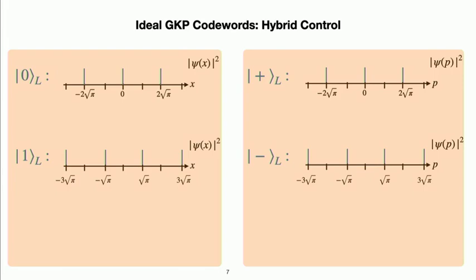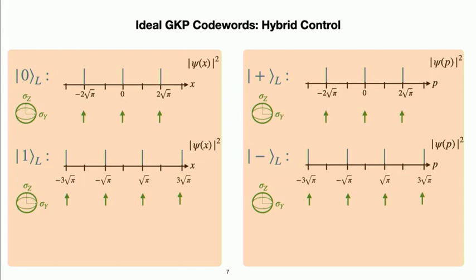I'm going to be using this picture a lot, so let me explain this first. Here, the green arrows denote just one single qubit. The arrows are pointing in the same direction right now because the qubit is in a product state with the oscillator. This is just indicating the spin polarization of the qubit corresponding to each position eigenstate or momentum eigenstate, given you're in the 0-1 basis or the plus-minus basis.